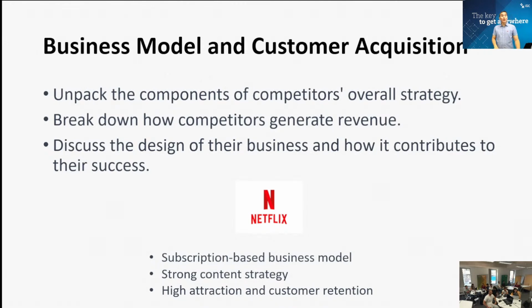You need to know what their business model is. If they are doing advertisement, subscription, freemium, if they are B2C, which type of B2C they are, or if they are B2B, which type of B2B. Why do you have some competitors that are doing only B2C and others in the same industry doing B2B?